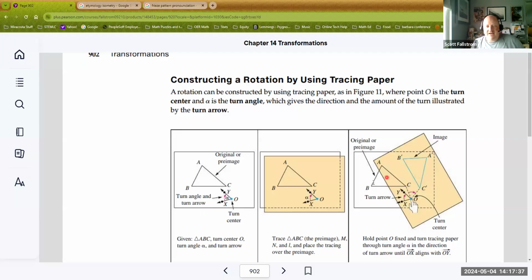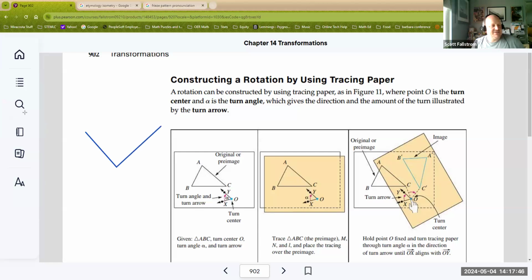Okay. And I guess there's one more thing that I want to say about that. If you're using patty paper to do this and you have an angle, something like this, and what you're trying to do is maybe rotate this direction, you're going to have basically a line that you're looking to twist. So when you have your tracing paper on top, here's what I do.